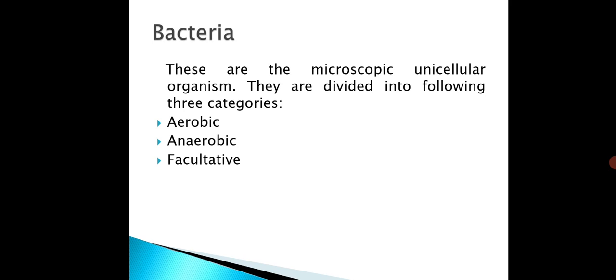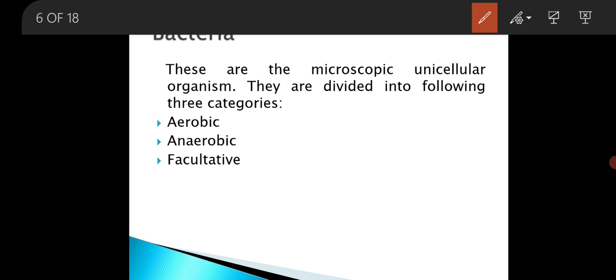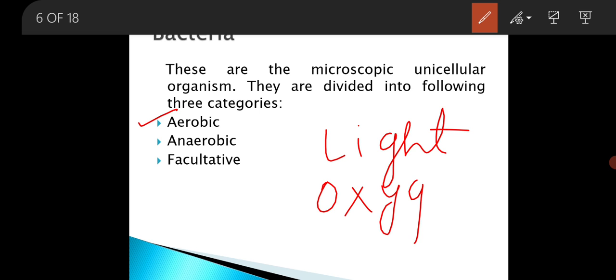The first one is bacteria. As you know, bacteria are microscopic unicellular organisms, and these are generally divided into three types. First one is aerobic bacteria. Aerobic bacteria require light and oxygen for their survival.